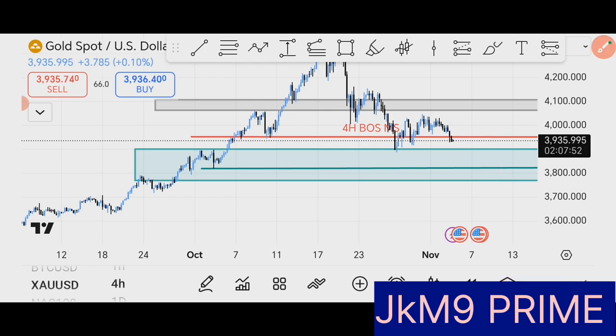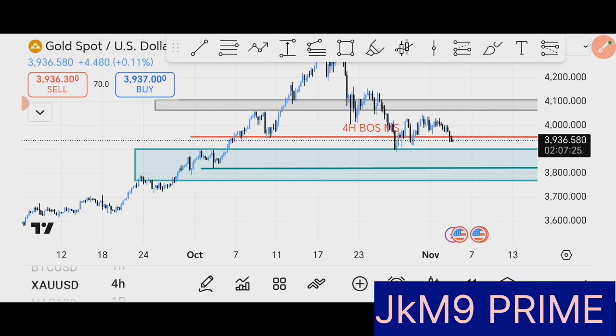Based on that, we can expect price today to maybe touch this next support zone, then retrace, and then we notice the movement of the London zone and New York zone. Based on the buyers and sellers, the movement will go uptrend or downtrend.